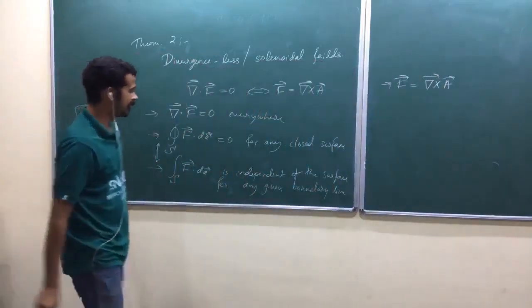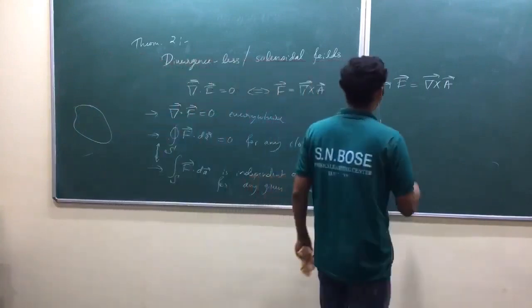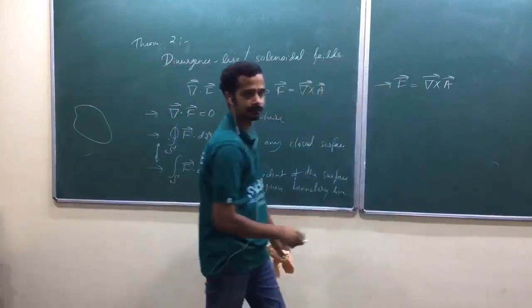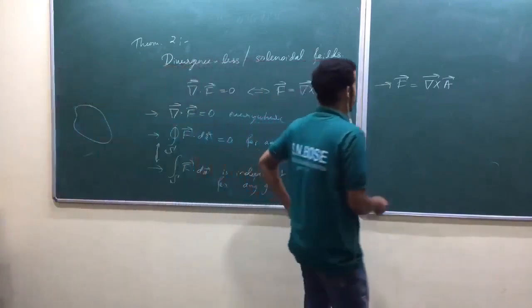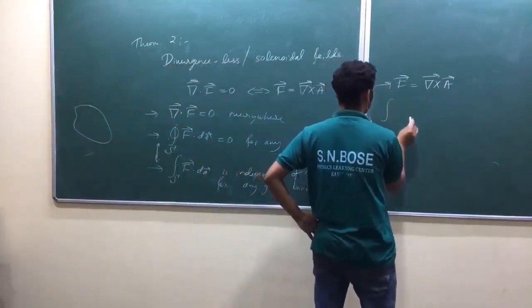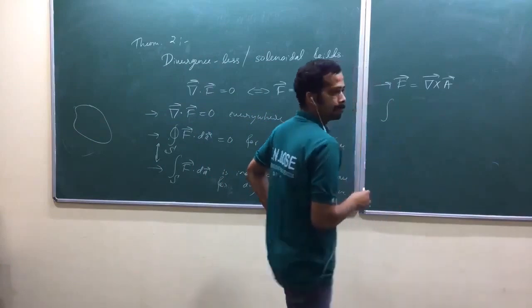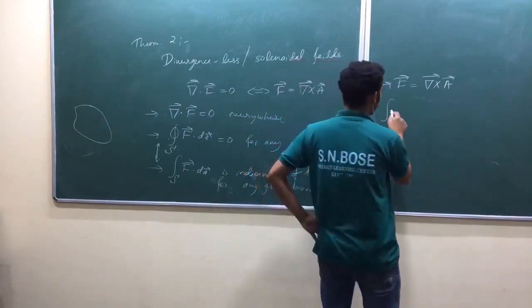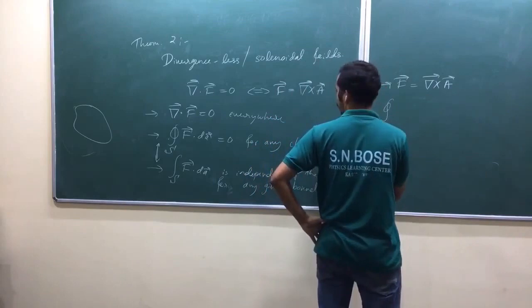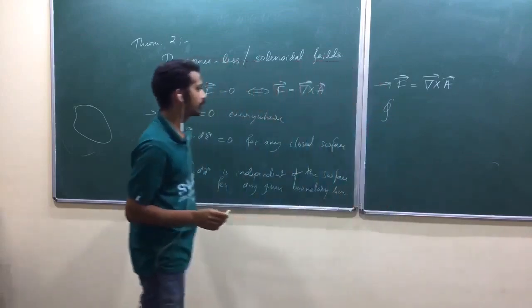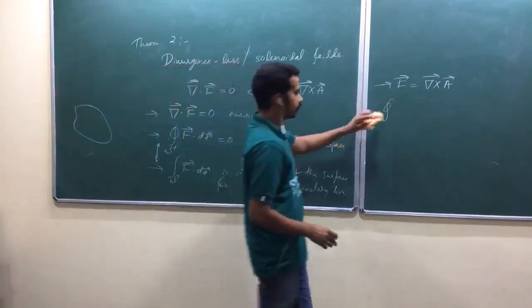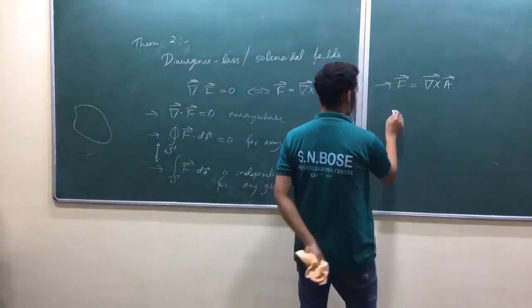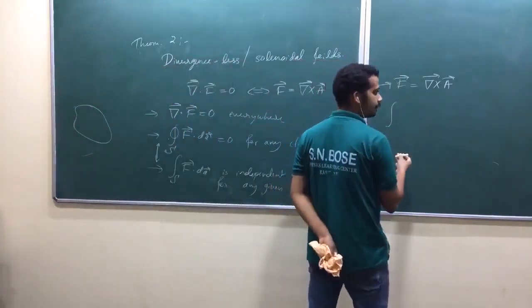Now look at here. So now I'll go for Stokes theorem. What does Stokes theorem say? Stokes theorem relates an open surface, why did you say closed surface? How do I start?